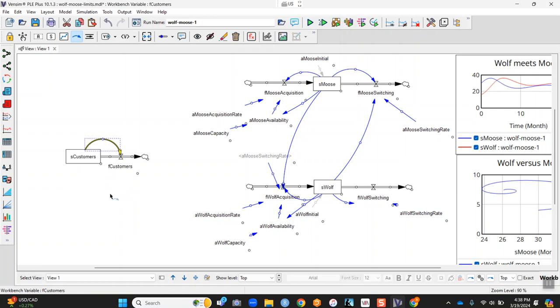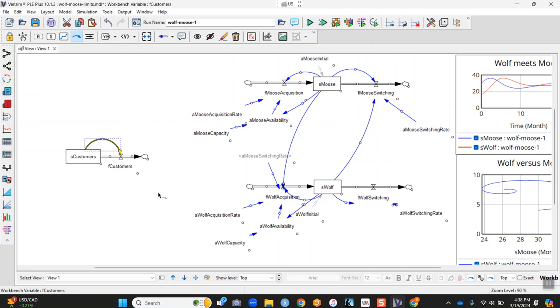And the rate at which customers go out is somehow going to depend upon the moose and the wolf, as a fraction.